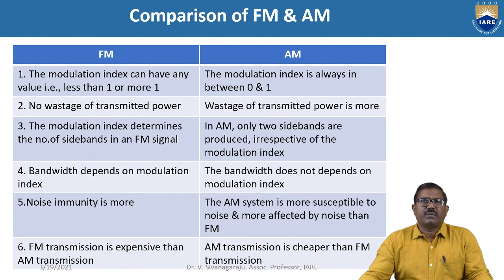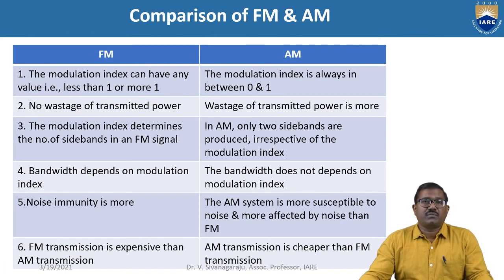And we take another parameter, that is transmitted power. So in FM, no wastage of transmitted power, whereas in AM, wastage of transmitted power is more. We already know the standard equation. That is, we are sending two sidebands and the carrier, so it is more wastage of power. Another is that the modulation index determines the number of sidebands in an FM signal.